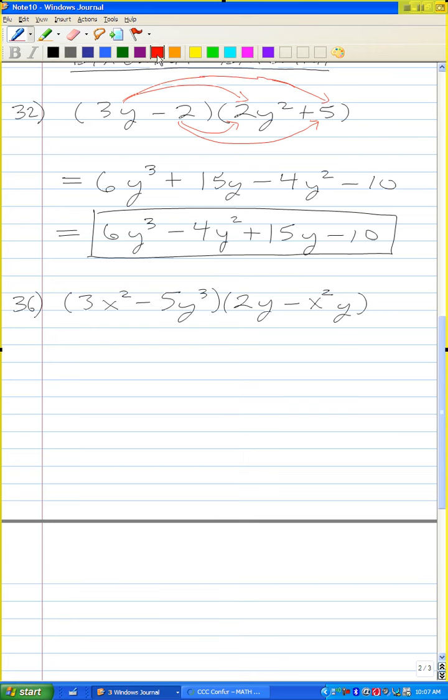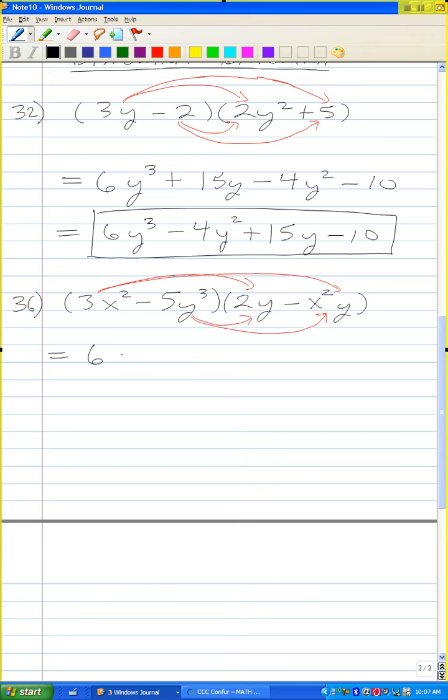Let's multiply every term in the second polynomial by 3x squared and by negative 5y cubed. And so I get 3 times 2, 6.